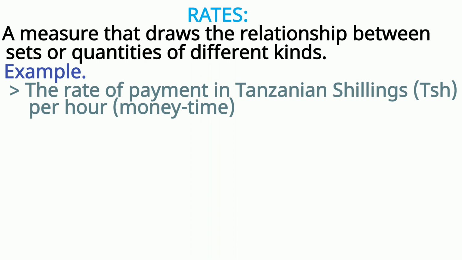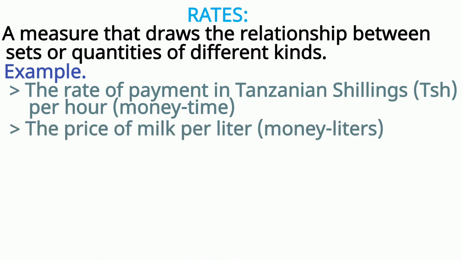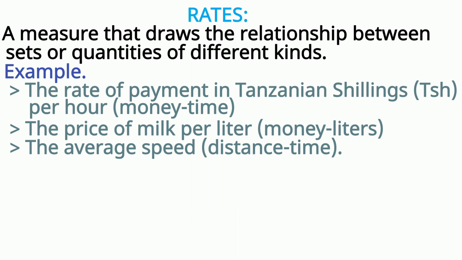The rate here is expressed in terms of money per time, and of course this example is applicable to companies that pay their employees based on hours spent. Another example is the price of milk per liter. Here, the rate is expressed in terms of money per liter. And of course, we have the average speed, in which the rate is expressed in terms of distance per time.